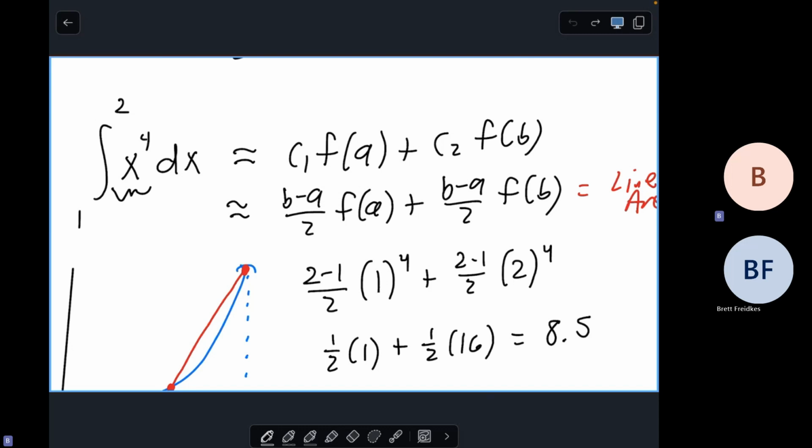The reason why is what? Why did I choose this to be linear? To approximate it. Not necessarily. It is easier, but there's a reason specifically why we choose this to be linear.